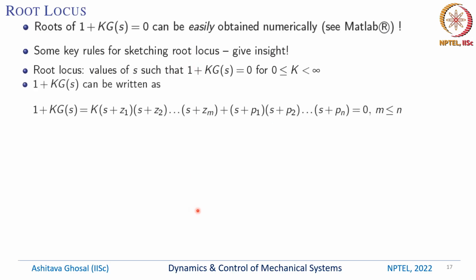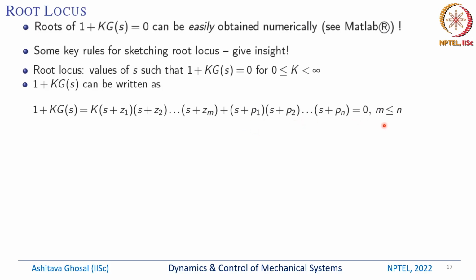So let's see. 1 plus K into G(s) can be written as K into (s plus z1)(s plus z2) all the way to (s plus zm), plus (s plus p1) into (s plus p2) all the way to (s plus pn). So 1 plus K G equal to 0 is nothing but K into this term plus this term is equal to 0.